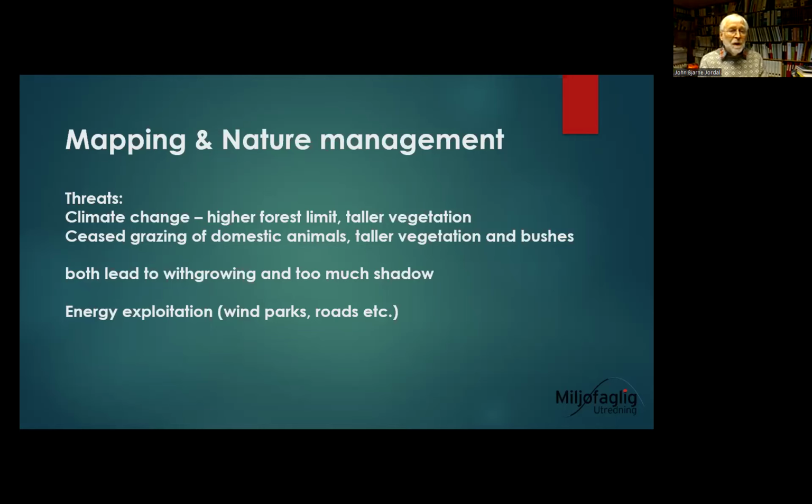The problem is that the grazing stops and the animals disappear. And that means also less grazing, taller vegetation, and more bushes. Both these processes lead to withdrawing and too much shadow, and the species will then possibly disappear.